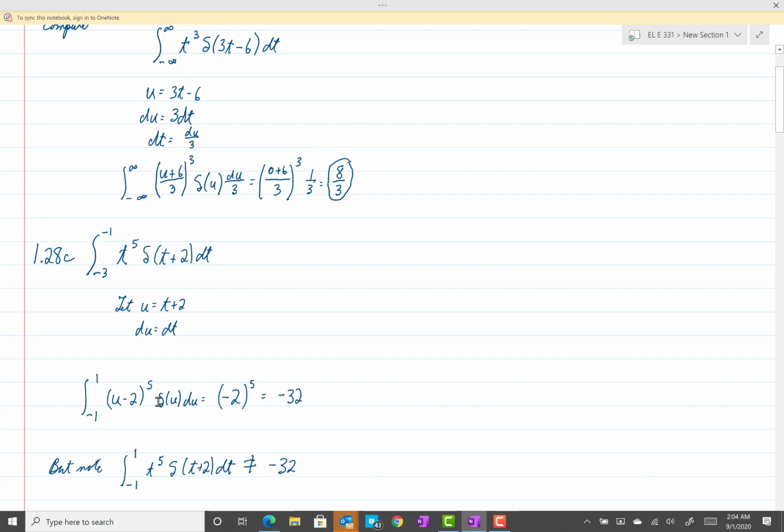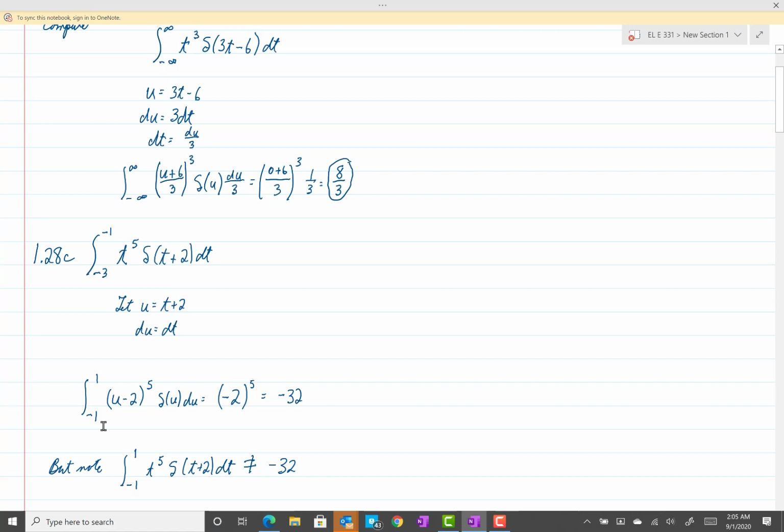Now we have what we desired. We have a delta function with a single parameter as its argument. And so now, as before, the first question we have to ask ourselves is this: is u equals 0 in the range of integration? And it is, because 0 is between -1 and 1.